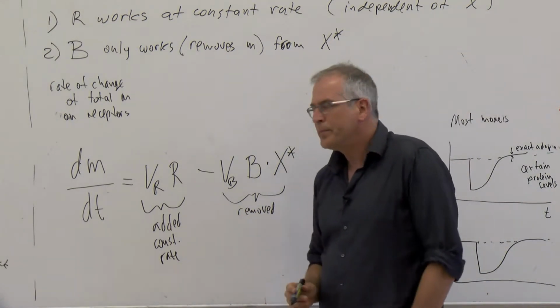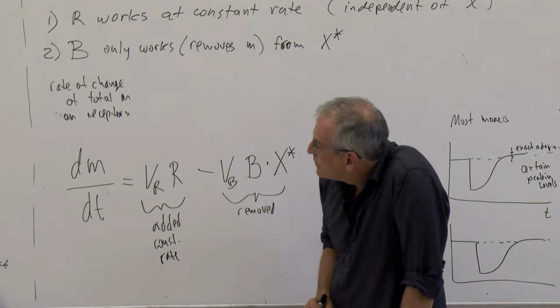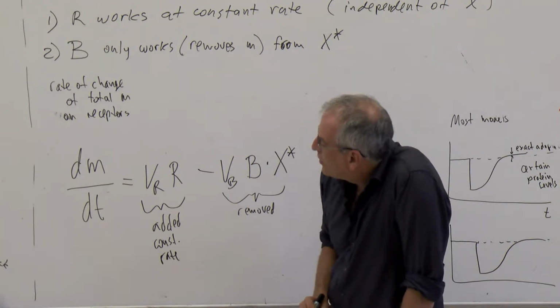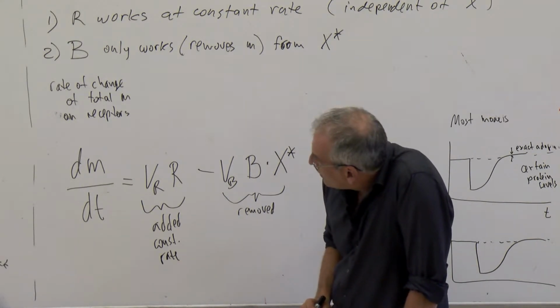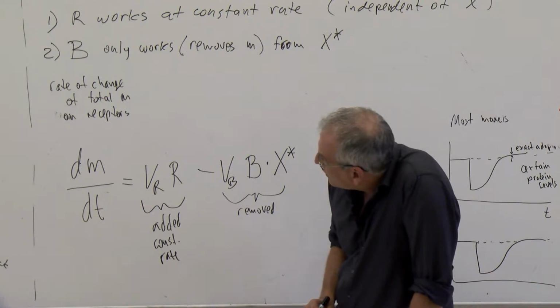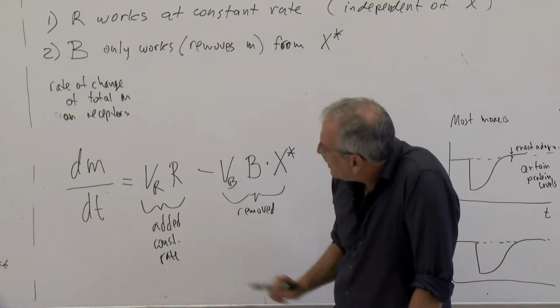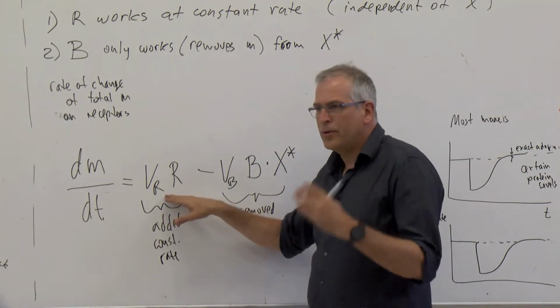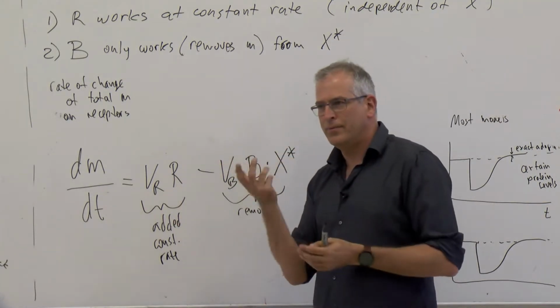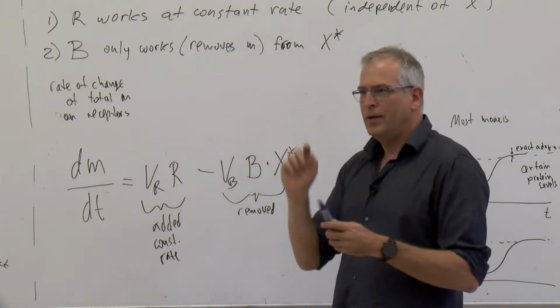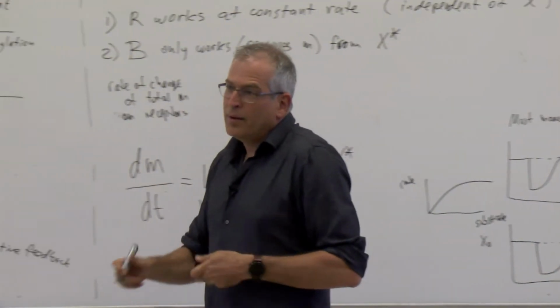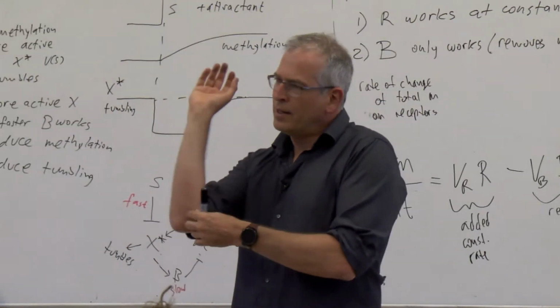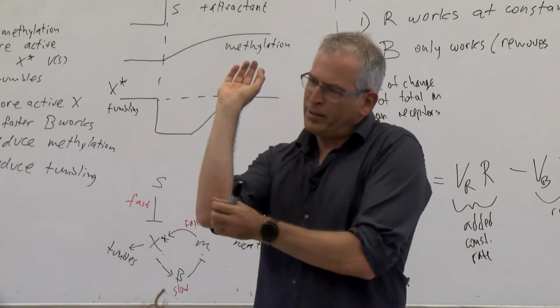But does this solve the question why, when X is not active, it works at the same rate as when it is active? Because when it's active, it also exposes the sites of methylation. As far as we know, this function of CheR doesn't depend on activity, which is kind of weird, right? Because it physically exposes... Yeah, but it actually needs to find a place to methylate.